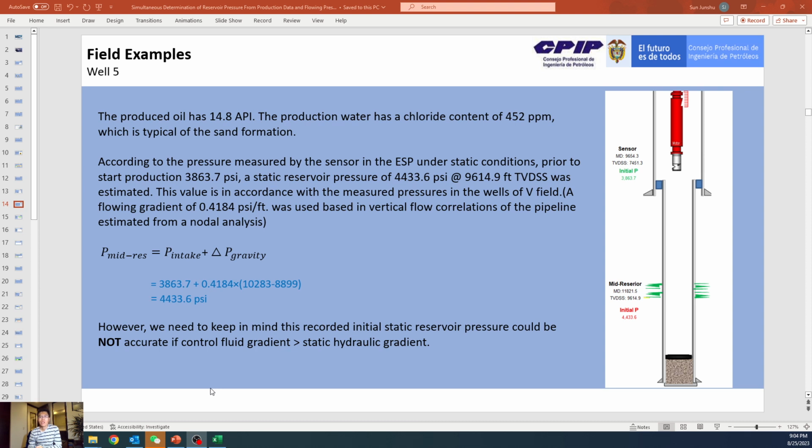The drilling and workover team usually use the control fluid gradient a little larger than the static hydraulic gradient to keep the drilling and workover activities safe enough.